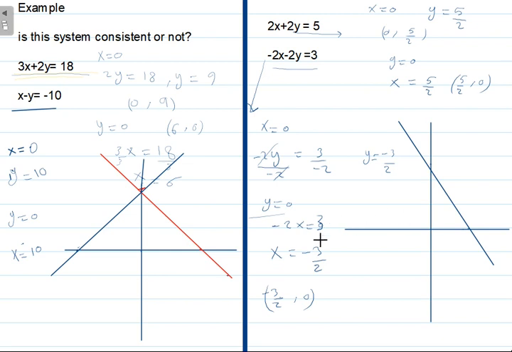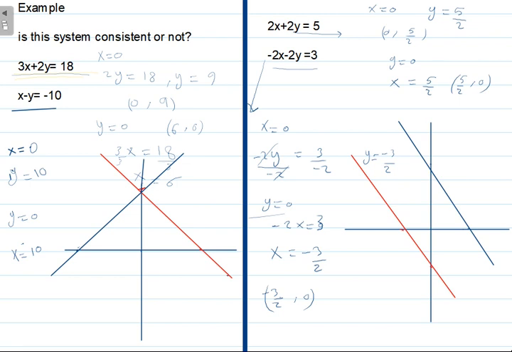The other equation has the points (0, minus 1.5) and (minus 1.5, 0). So this will represent the equation.